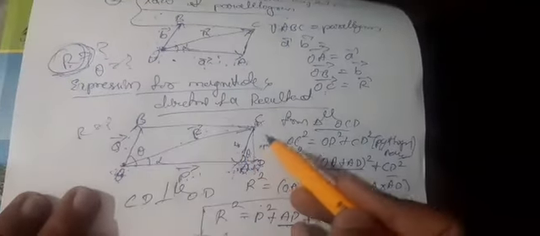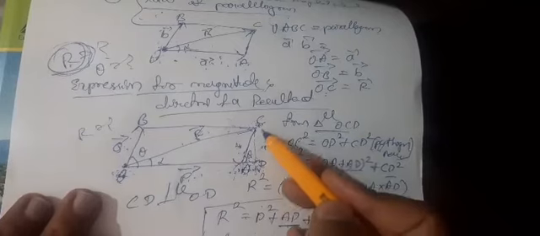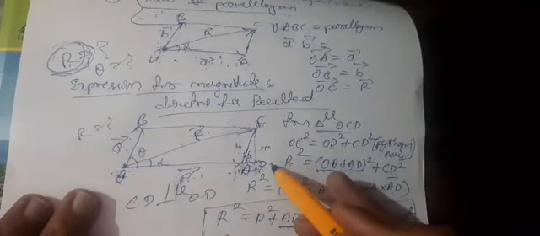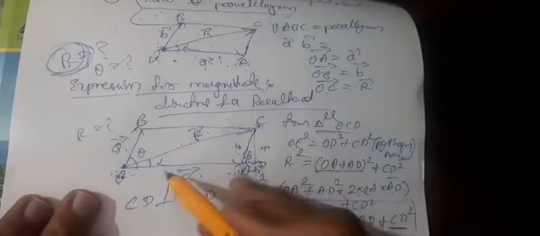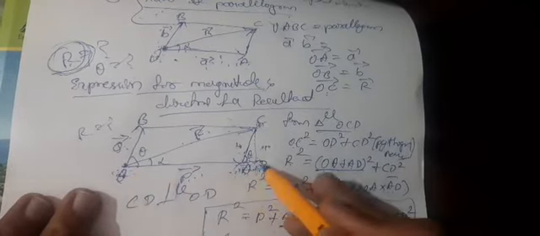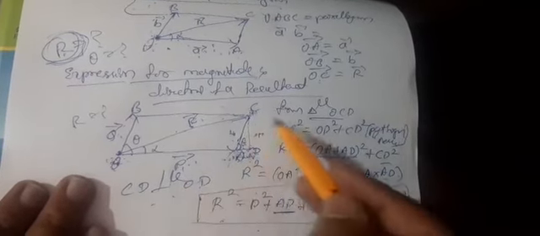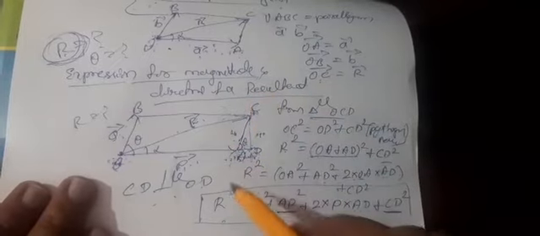Next, draw the line CD by extending the line OA. The CD line is perpendicular to the OD line. That is the diagram and explanation part of this expression.